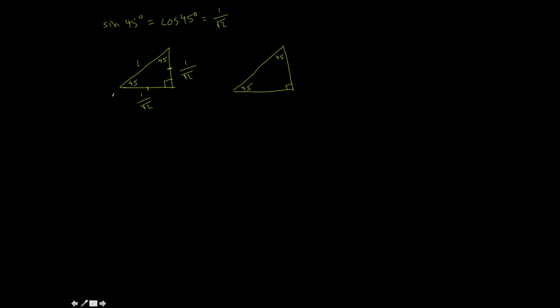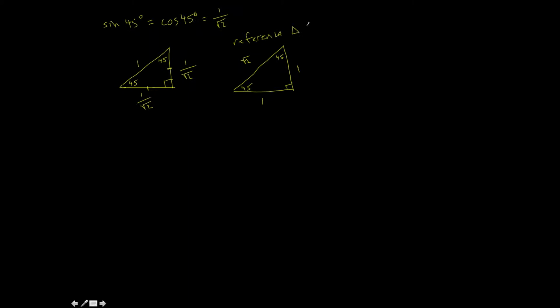So if we multiply all these sides by the same scalar, the square root of 2, 1 times the square root of 2 is the square root of 2. And 1 over the square root of 2 times the square root of 2 is 1. And since these sides are the same, that's going to be 1. Now, believe it or not, even though these look different, this is the same because of how these sides are proportional. This is the one that we are going to use as our reference triangle.